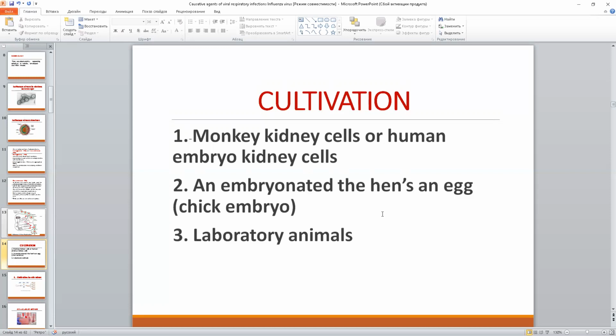So for them, there are no methods for detection except laboratory animals such as apes, chimpanzees, which are sensitive to hepatitis viruses. It was detected, but of course it's not convenient to use apes in practice. They are used just for scientific purposes. So it depends. For cultivation of influenza virus, all three methods are possible to use.